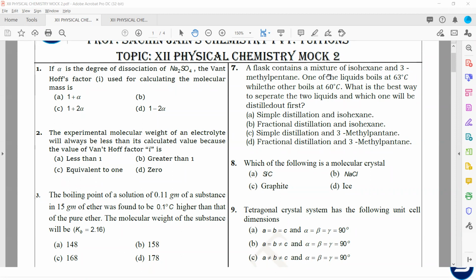Secondly, one of the liquids is boiling at 63 and the other is boiling at 60. So how do we identify whether it is isohexane boiling at 63 or 60 or the other one? Now here isohexane is nothing but 2-methyl pentane, meaning the branch of methyl is at the second carbon.